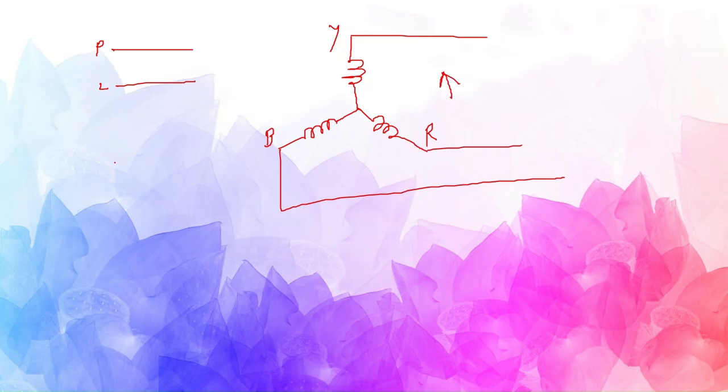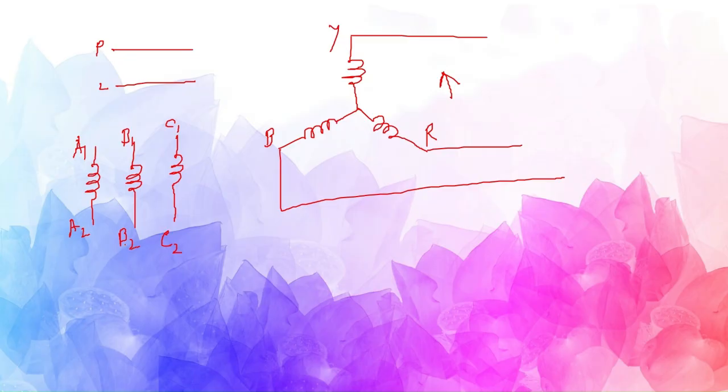So what I wanted to say, let's say we have three windings, in one motor or one transformer. Generally we have three windings, right? So we can connect the three windings in two ways. The windings can be A1, A2, B1, B2, C1, C2.